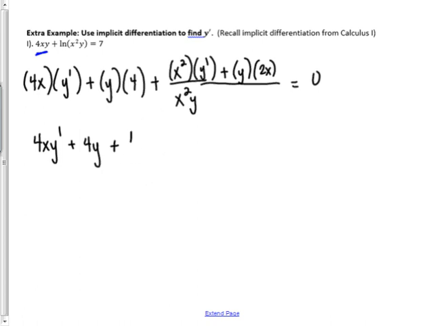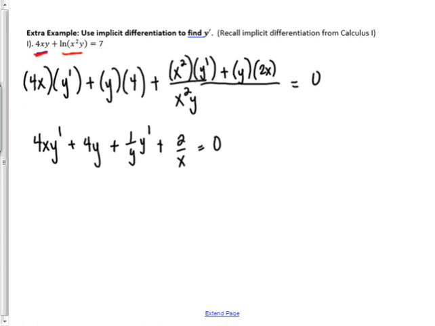And so I'm going to write it as y prime over y. Okay, and then if I do the second one, I'm going to do 2xy over x squared y. So think about what cancels here. One of the x's and both the y's would cancel. So I'm just left with 2 over x equals 0. All right, so implicit differentiation, you had to take the derivative of every single term.